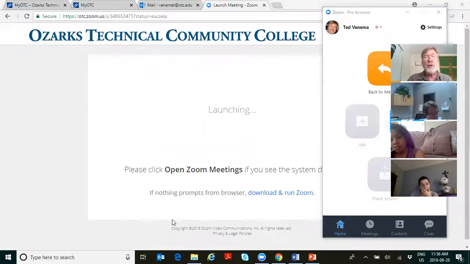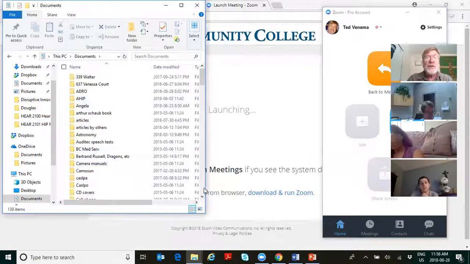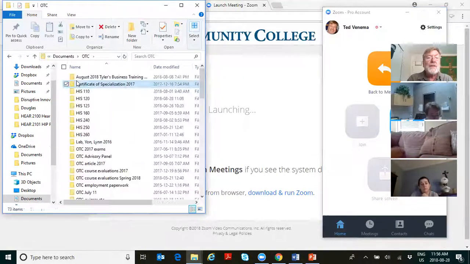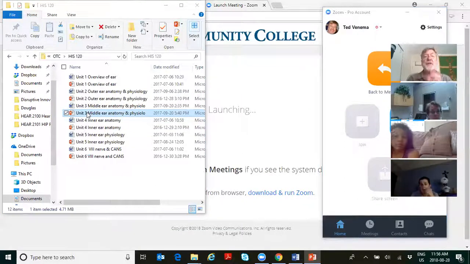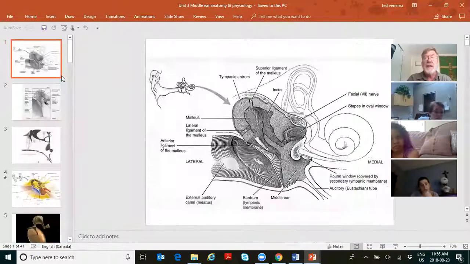File Explorer, go to Documents, go to OTC, over the counter. Okay, OTC, go into Anatomy 120, and let's look at the middle ear. Just pull up the middle ear for a second so you can see what I'm trying to show you here, okay? There, pop that guy up. Okay, first slide.